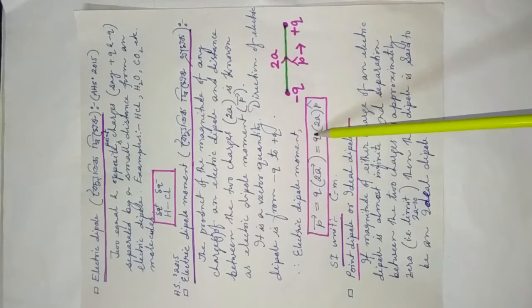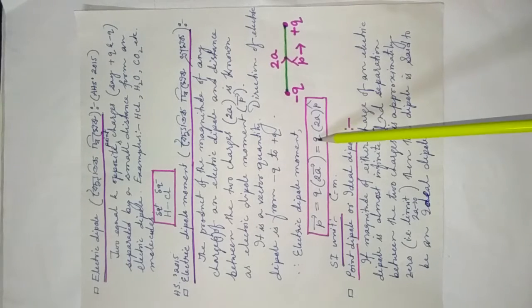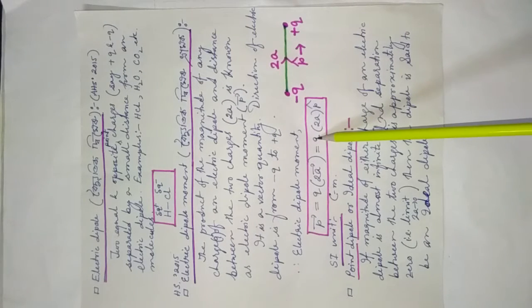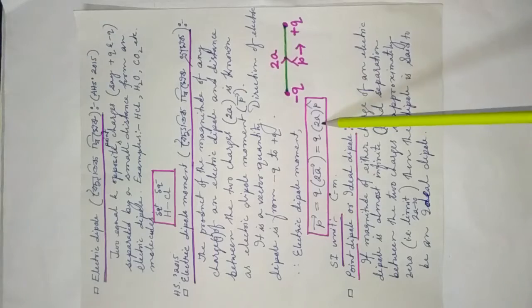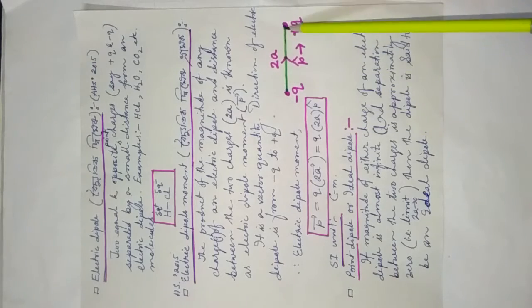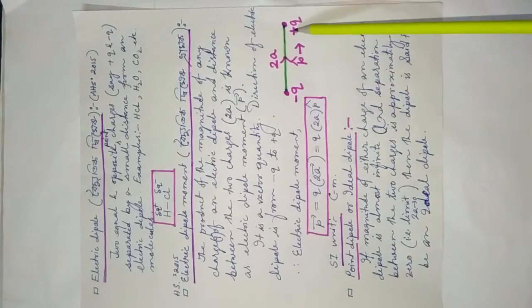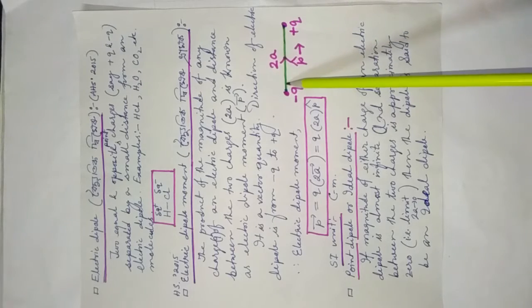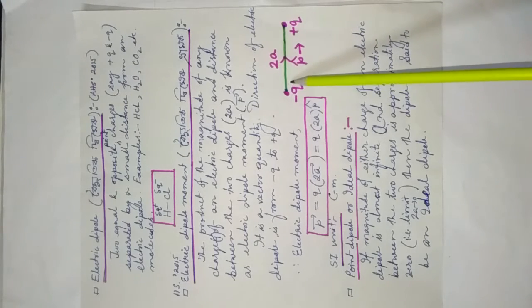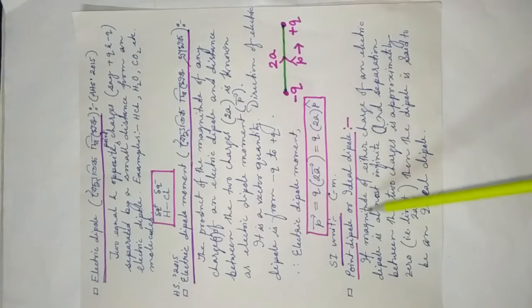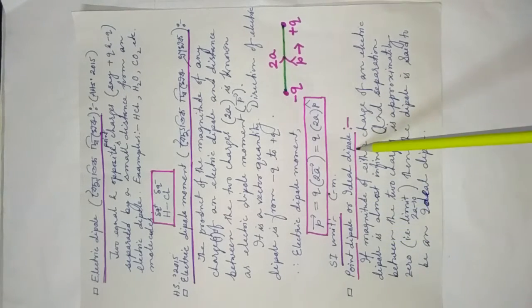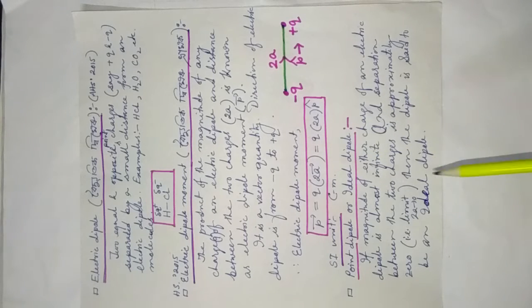If in an electric dipole the magnitude of the charge is almost infinite, very very large, and the separation between the two charges is very small, tending to zero, that means minus q and plus q come closer and closer but don't become zero, that means 2a doesn't become zero but tends to zero, then the dipole is said to be a point dipole or ideal dipole. This is the concept of electric dipole.